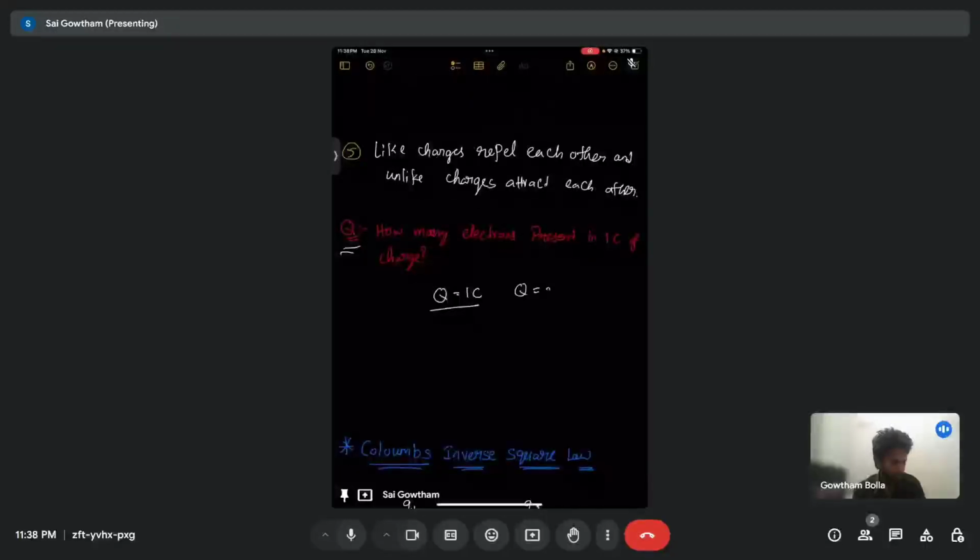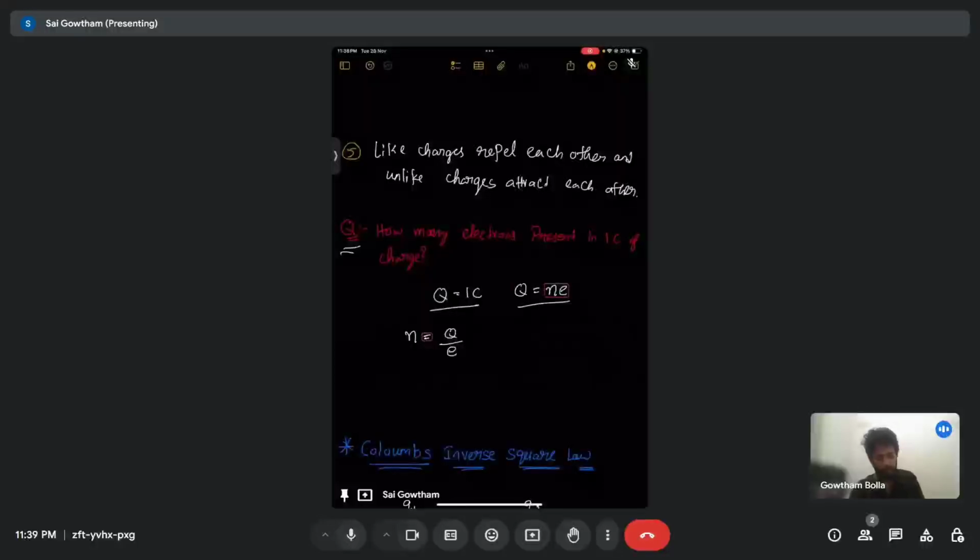That is, Q is 1 coulomb here, and the electronic charge is 1.6 into 10 to the power of minus 19 coulombs. Then we get a value of 6.25 into 10 to the power of 18 electrons.